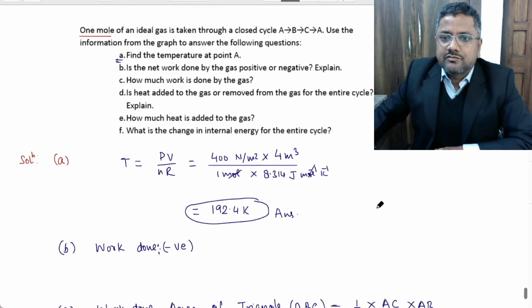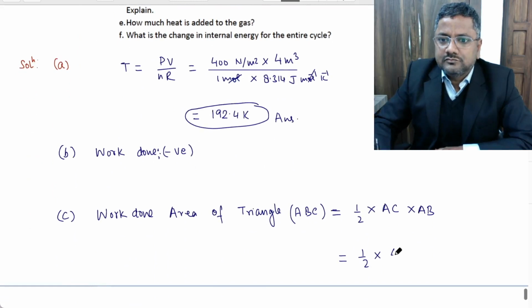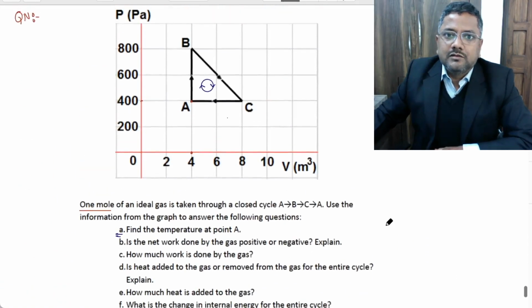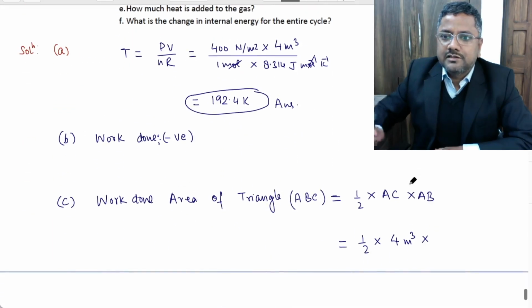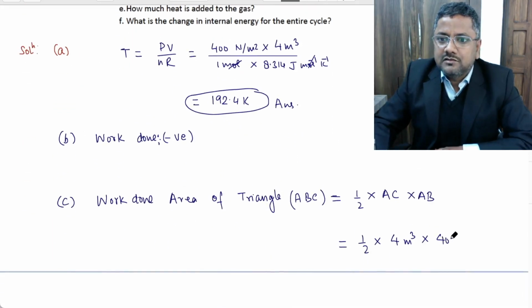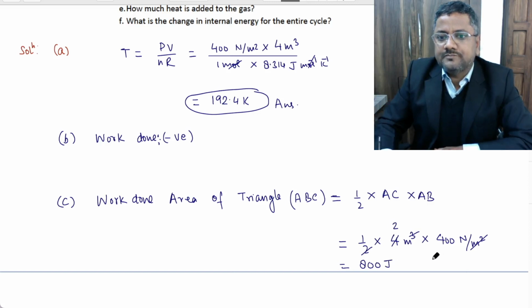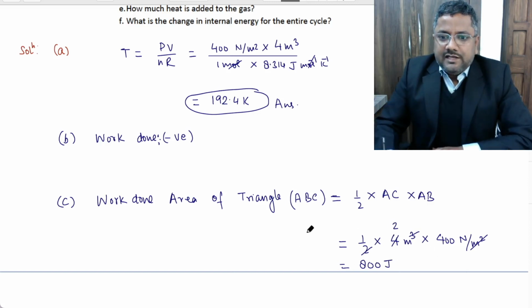So this is 4 meter cube multiplied by this 800 and this is 400. So 400 Pascal, 400 Newton per meter square. Right. So this is cancelled. 2 2 are 4. So this is 800 joules.